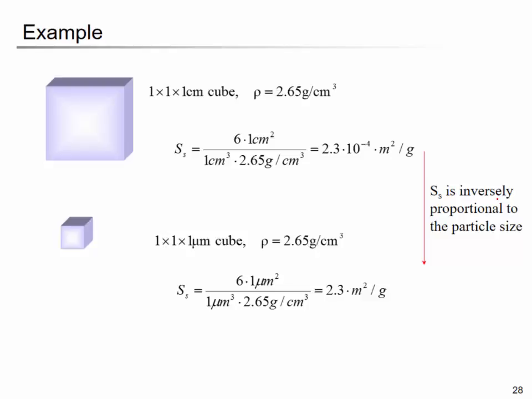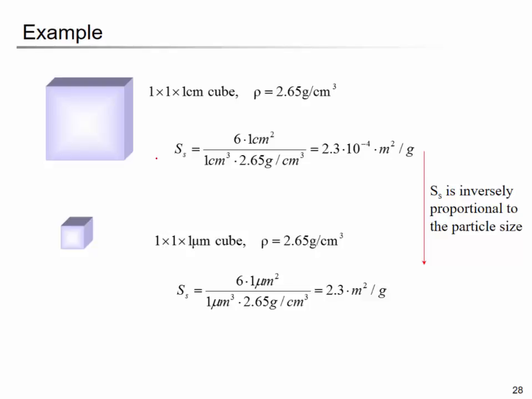So it's the same shape, and only the size is different. You have a 1 centimeter size, and this is 1 micrometer, right? So you can see that the specific surface area is inversely proportional to the particle size. As you have a smaller particle, you have a larger specific surface area.